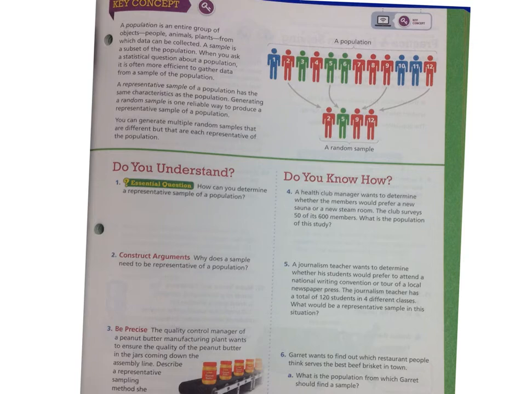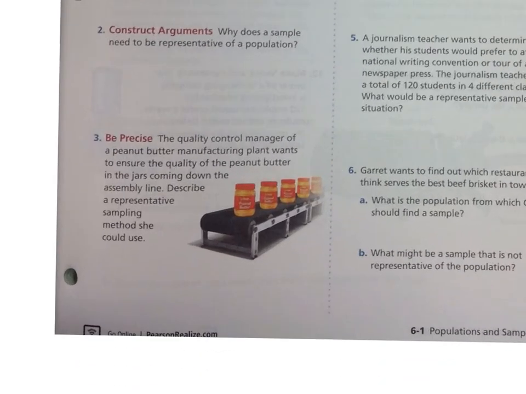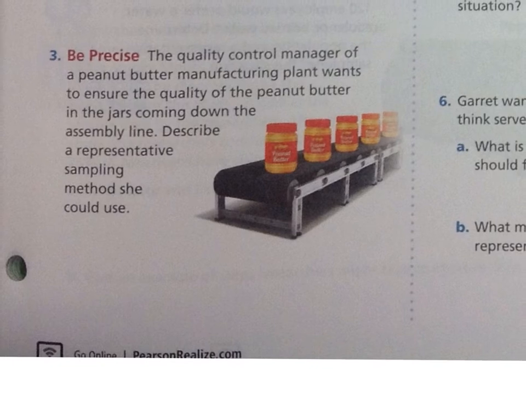So we'll look at Do You Understand number 3. A quality control manager of a peanut butter manufacturing plant wants to ensure the quality of the peanut butter in the jars coming down the assembly line. Describe a representative sampling method she could use. So there are a couple ways of getting a representative sample.